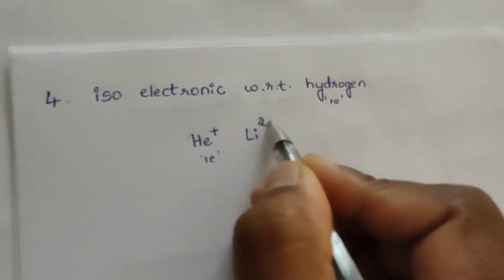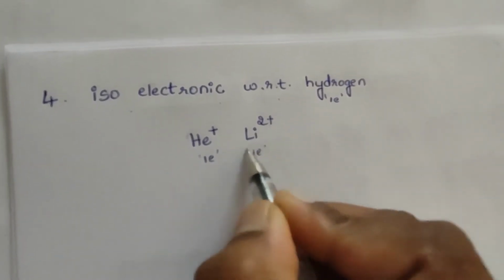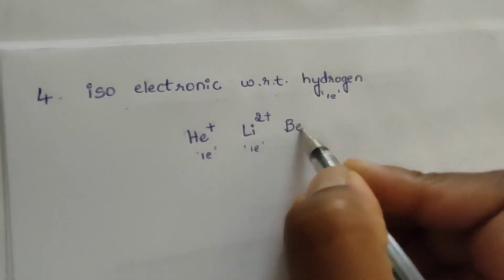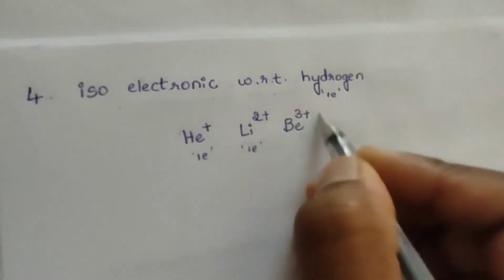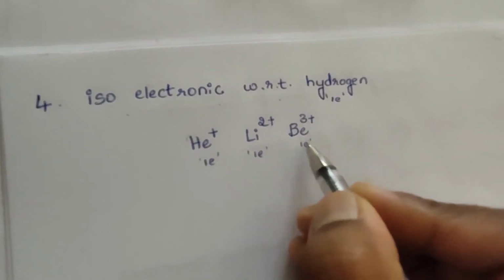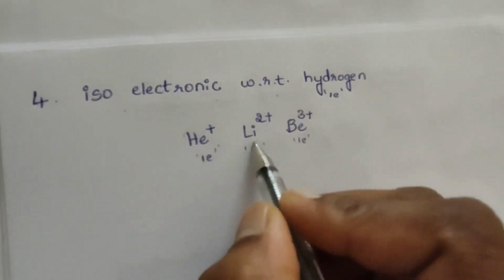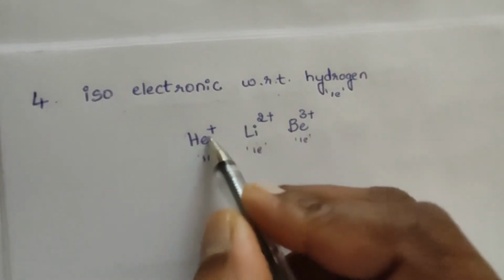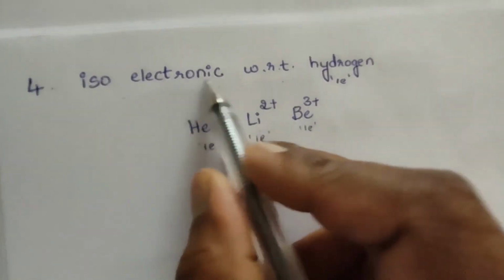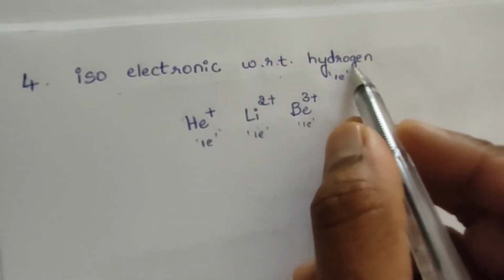Similarly, lithium 2 plus has only one electron. Similarly, beryllium 3 plus loses 3 electrons, so it will have only one electron. Helium, lithium, beryllium, when they are unipositive, dipositive and tripositive respectively, will be isoelectronic with respect to hydrogen.